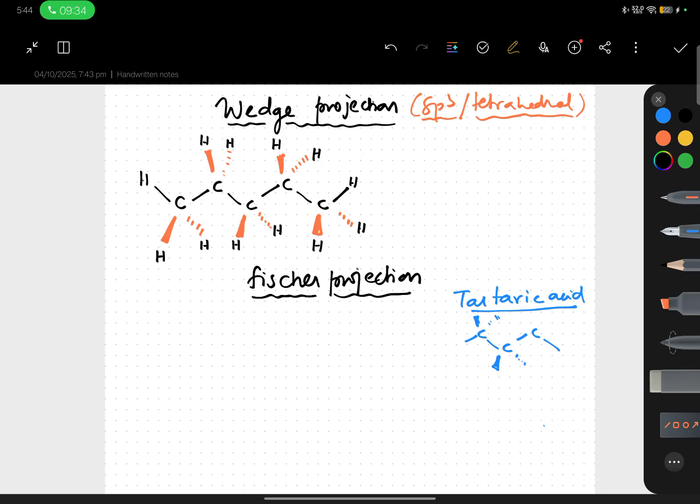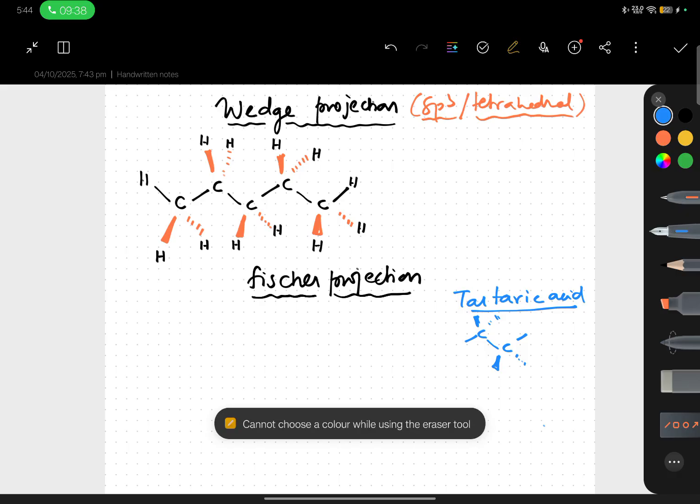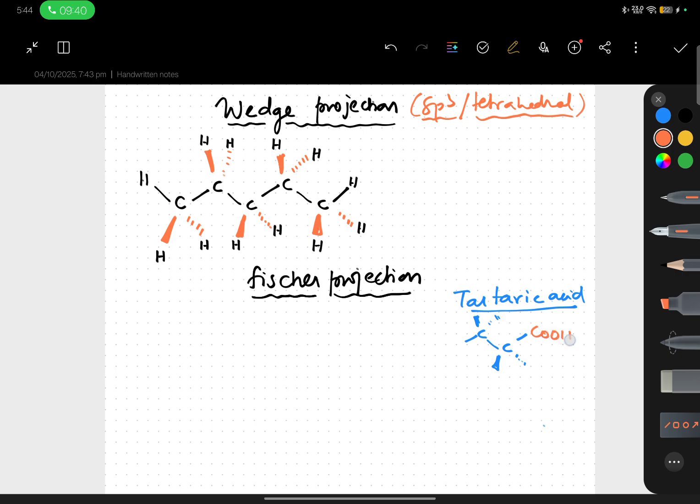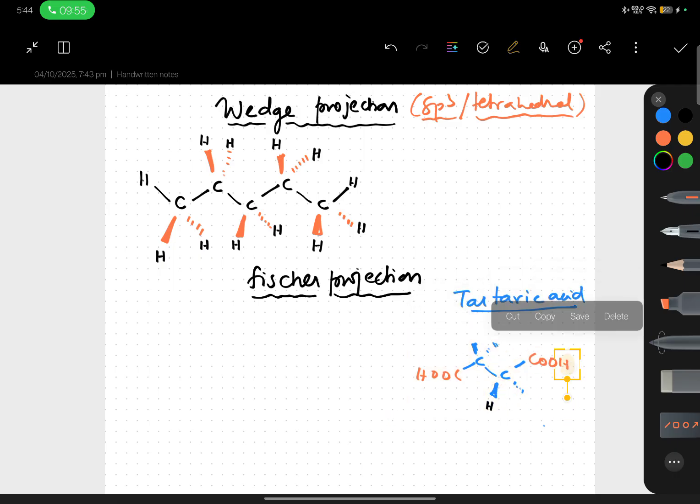This part of the molecule will be COOH. One of it will be hydrogen, while the other one will be OH.